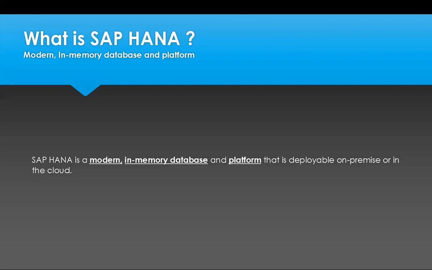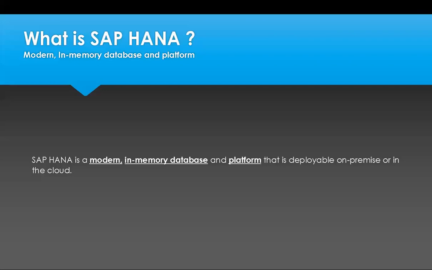By modern database, this means that HANA is not like other traditional databases, but it's newly designed with column and row store architecture, and it's optimized to make use of the parallel processing capabilities of the modern multi-core CPU architecture, wherein multiple CPUs are on one chip.